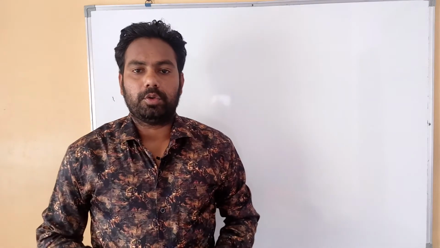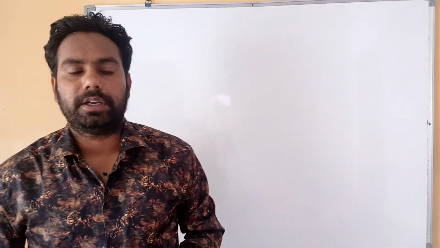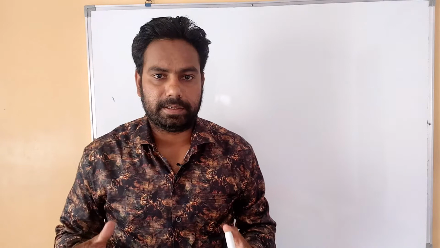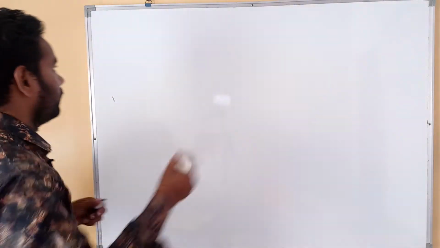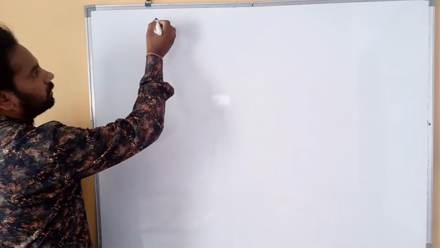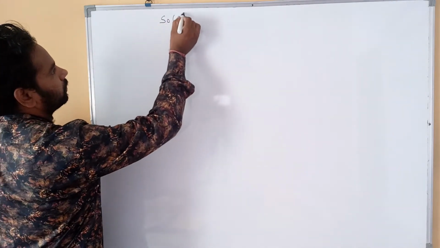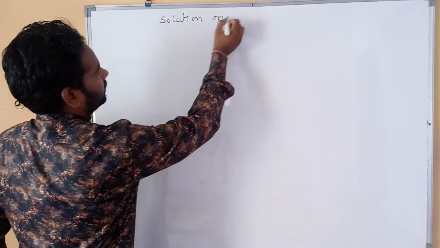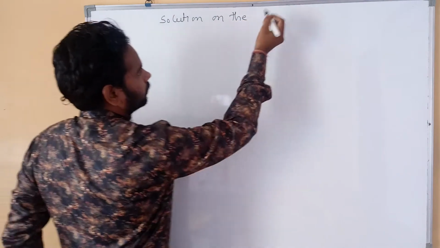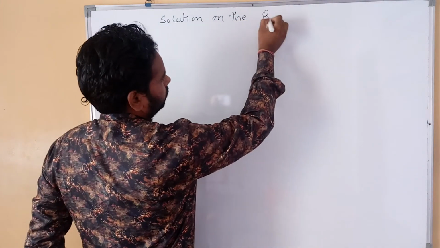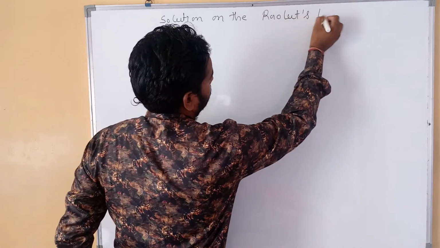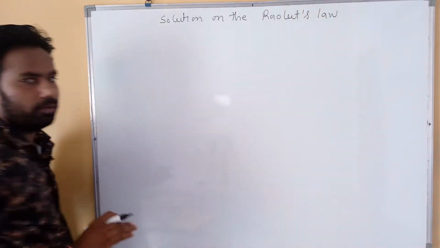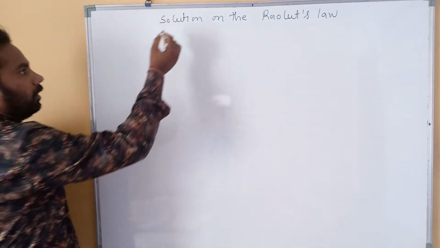According to Raoult's law, liquid solutions are divided into two major categories. First is ideal solution and second is non-ideal solution. Okay, now we divide solutions on the basis of Raoult's law.